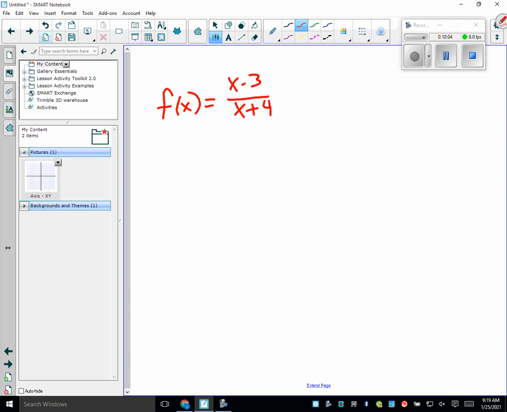So is my domain everything except -4? Do you agree? So the domain is -infinity to -4 and -4 to infinity. And it's a parenthesis, which means it is not included. Does that make sense?